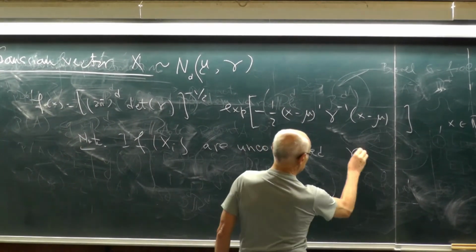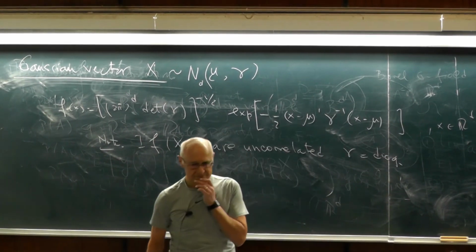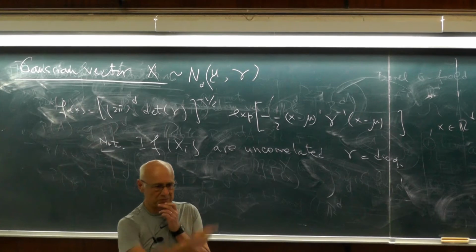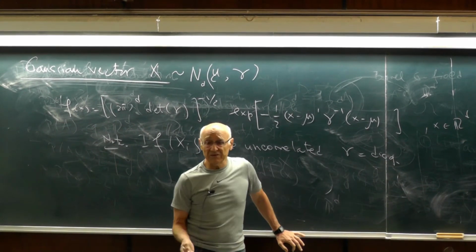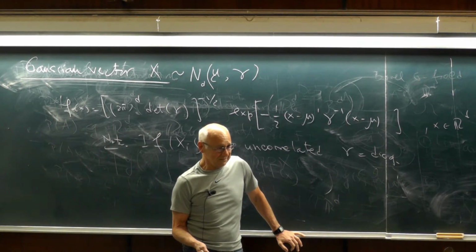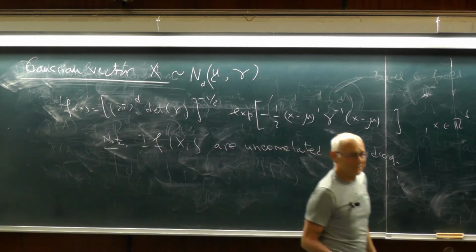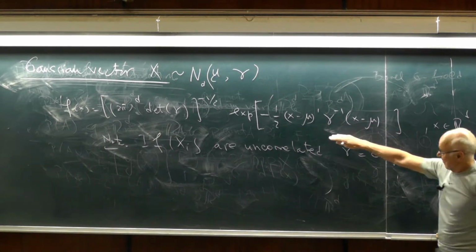So gamma is a diagonal matrix. That is, all the off-diagonal terms are 0. So what's going to happen when you go here? The inverse of gamma, how is it going to be? Also a diagonal matrix? So, for example, if gamma looks like this, sigma 1 square, sigma 2 square, sigma d square, the inverse of it would be 1 divided by sigma 1 square, and so forth. So it's also diagonal.